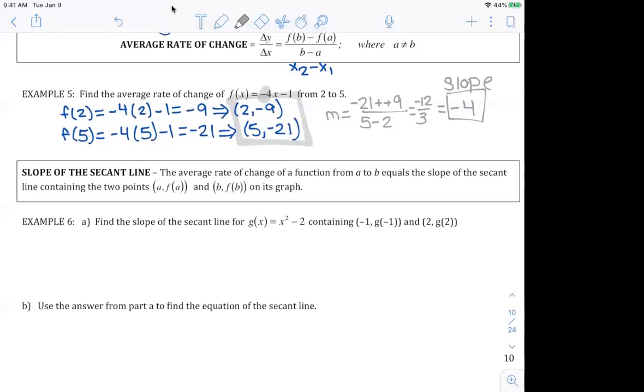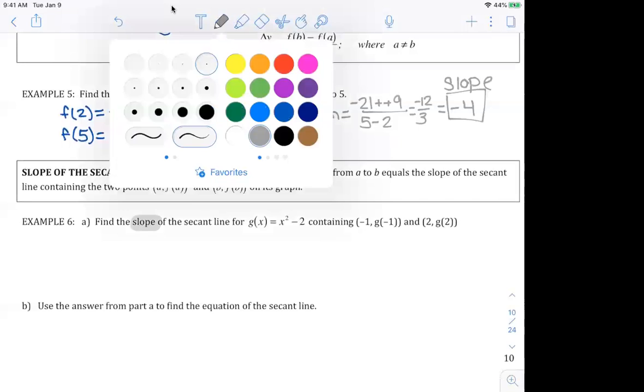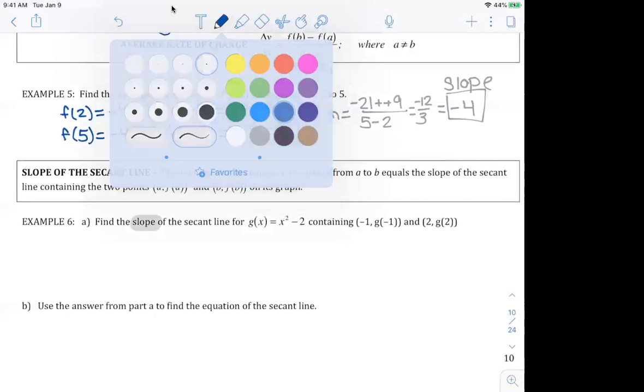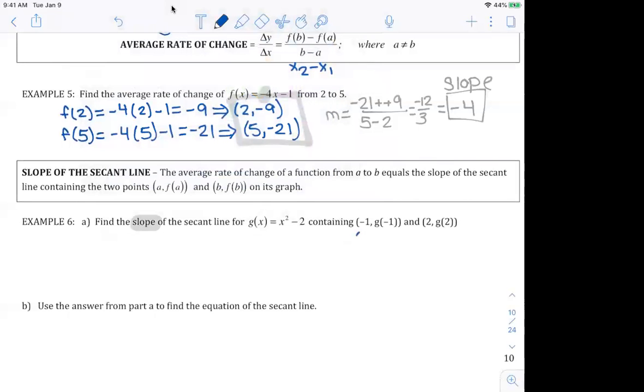You're going to be finding slopes of the secant line. It doesn't even really matter if you understand what the word secant means. What matters is that you can find the slope of it, so it's just using the slope formula. Once again, we need to have 2 points. We don't know those points. We know it's -1 comma something, and we know it's 2 comma something. To find the y's, you plug them in for x.